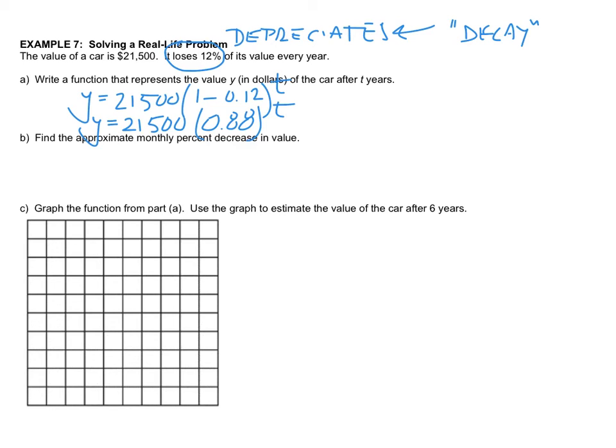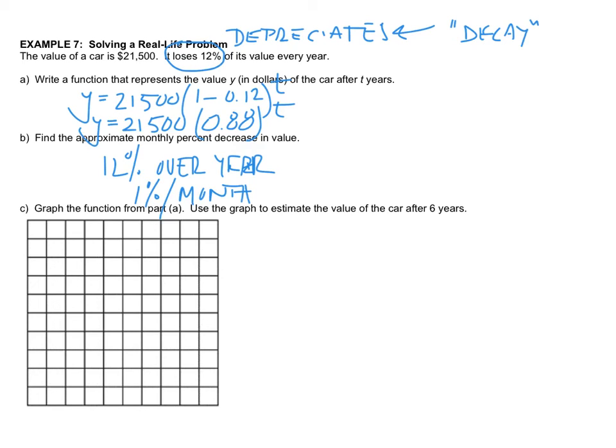Well, if it is depreciating 12% over the year, doesn't that mean approximately it is depreciating 1% per month? 12 months, 12% over the year. There you go.